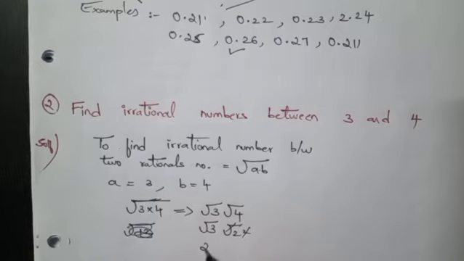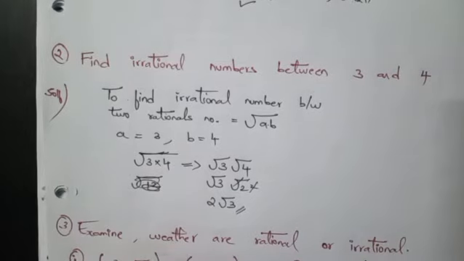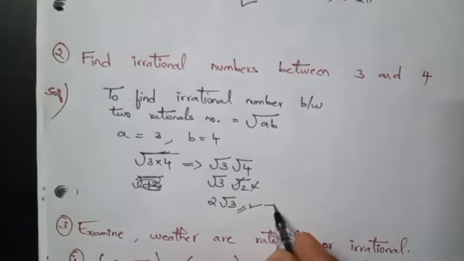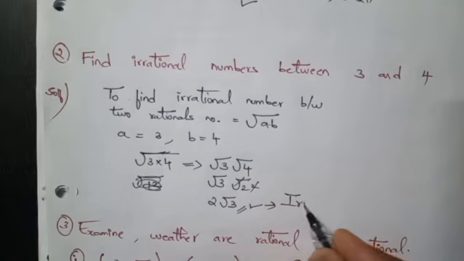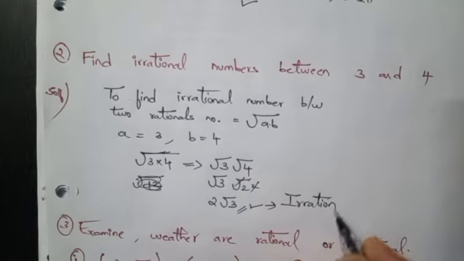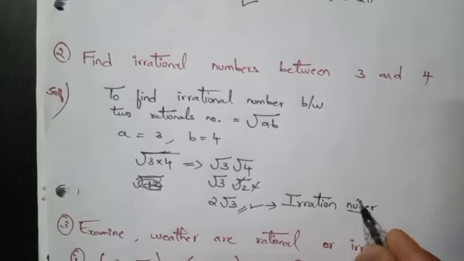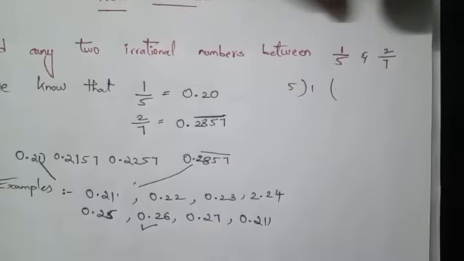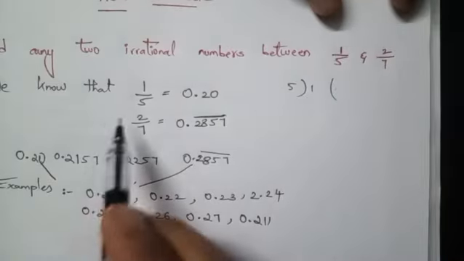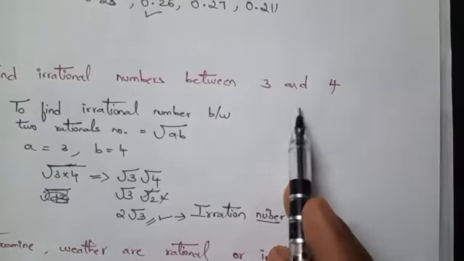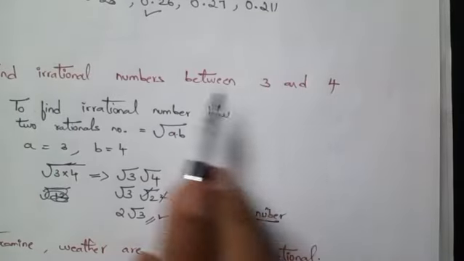There will be 2 root 3. Okay, this is an irrational number between 3 and 4. This is the method. If you got fractions, you have to use this method. If you got only natural numbers, you can use this formula.